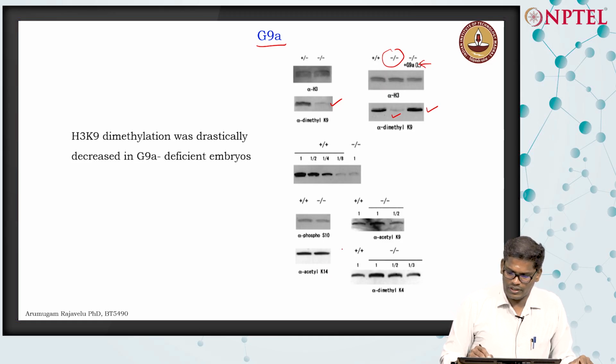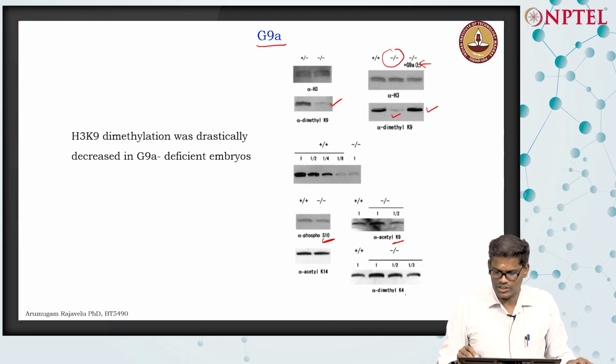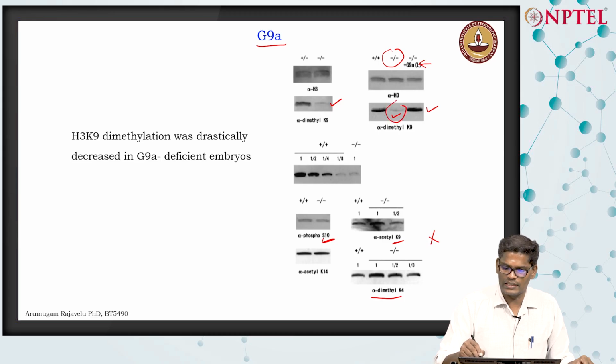Other marks are not affected, whether histone phosphorylations, K9 acetylation, or histone 3 K4 dimethylation. All these marks are not affected; only histone 3 lysine 9 dimethylation is affected. This is using the histone 3 lysine 9 Me2 antibody.